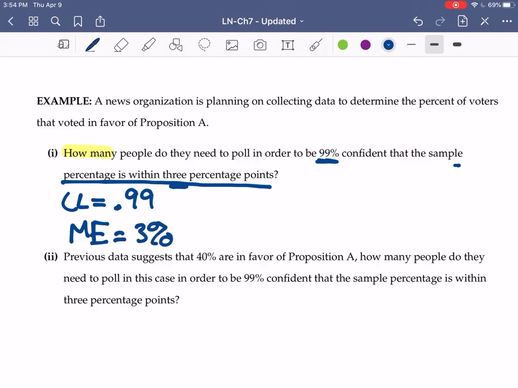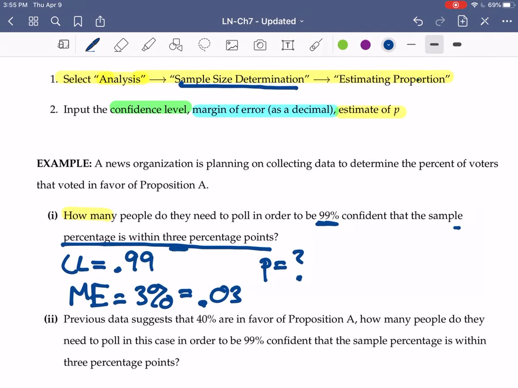When we go to StatDisk with this, we need to write it as a decimal, so we want to be within 0.03. Now, do we have an estimate for the value of p? No, that's not given to us in this problem. All right, so let's go to StatDisk and see what we come up with.